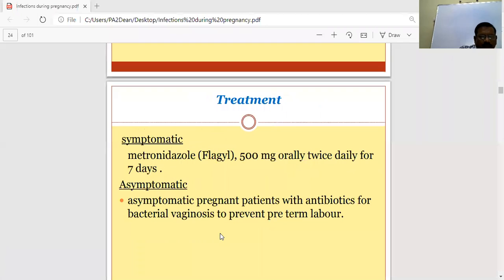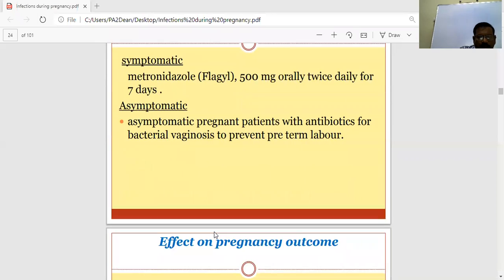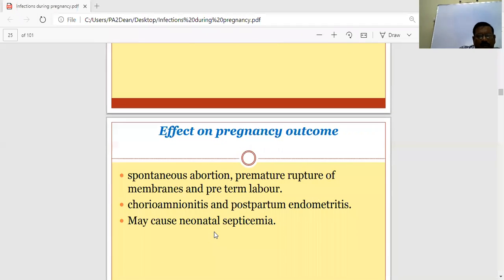The treatment consists of metronidazole, that is Flagyl, 500 milligrams orally, twice daily for 7 days. Asymptomatic pregnant patients can be given antibiotics for bacterial vaginosis to prevent preterm labor. Effect on pregnancy outcome: spontaneous abortion, premature rupture of membranes, and preterm labor are likely to occur with these infections.